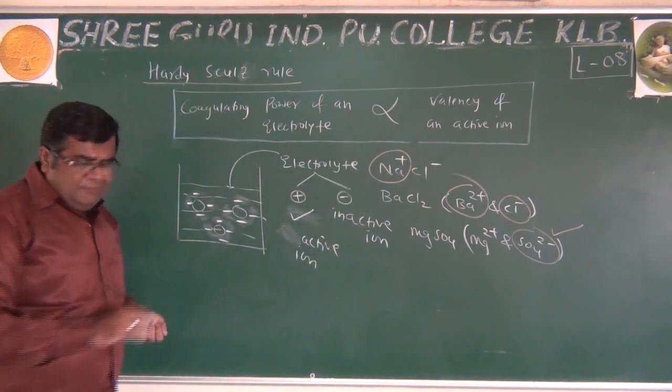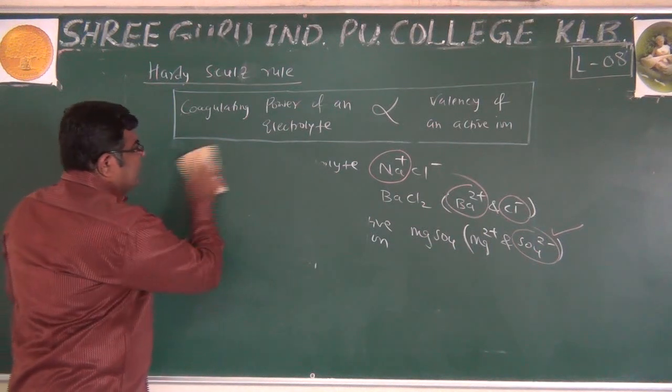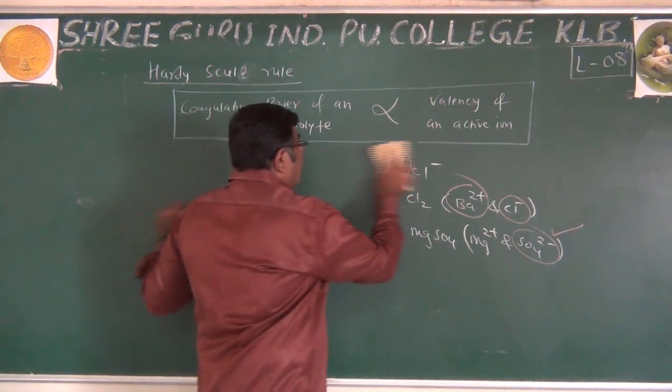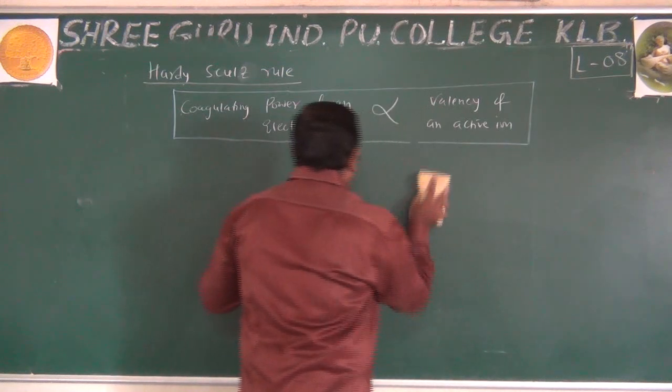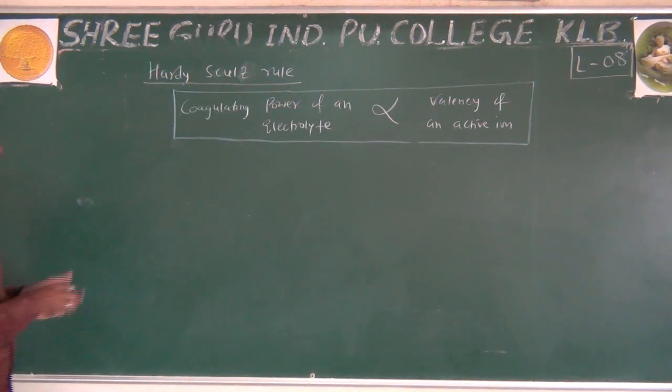So we can make one small table here. After writing this rule, we can say that the statement is very simple: coagulating power of an electrolyte is directly proportional to the valency of an active ion.